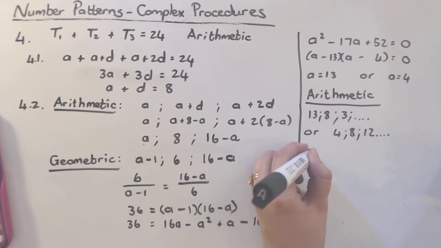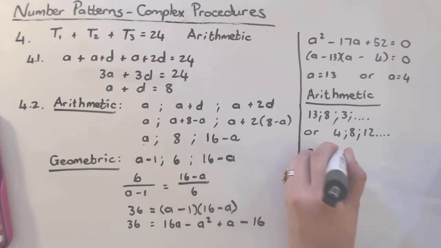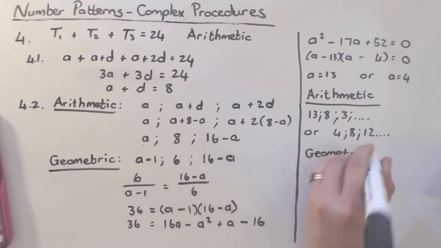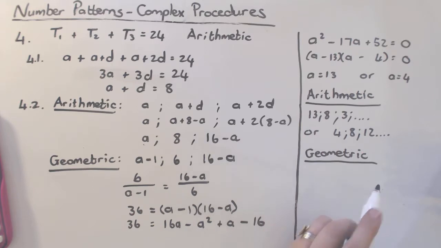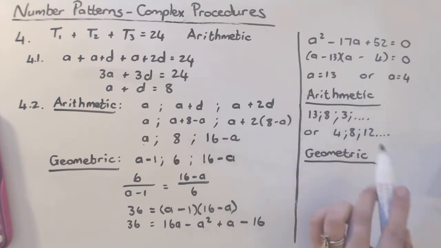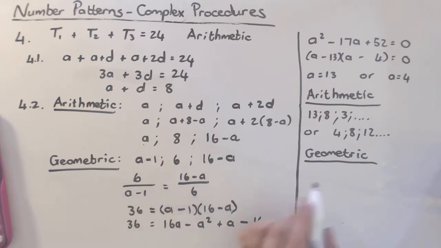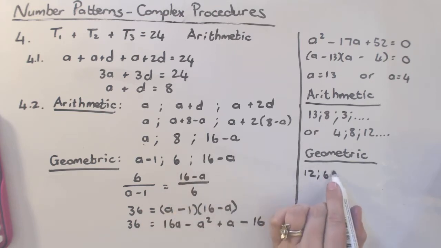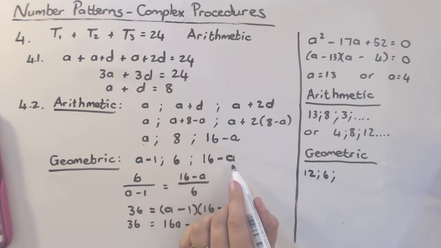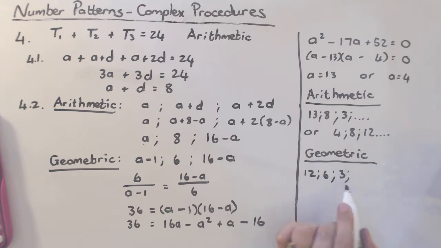For my geometric series, I can also generate 2. They said find the terms, so I'm finding the terms for arithmetic and geometric. If I have 13, I've got 13 minus 1 is 12, 6, and 16 minus 13 is 3, which means it's a geometric series divided by 2, divided by 2.